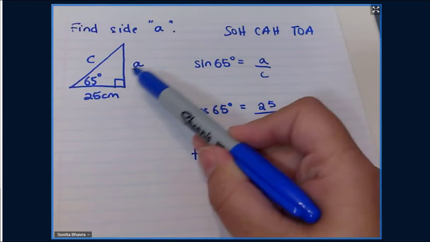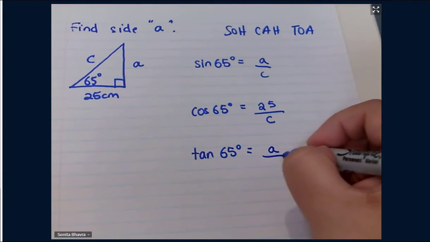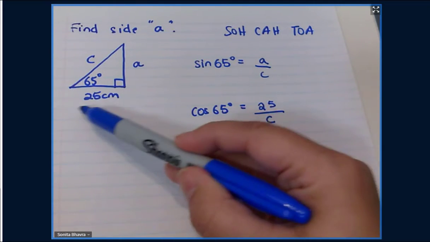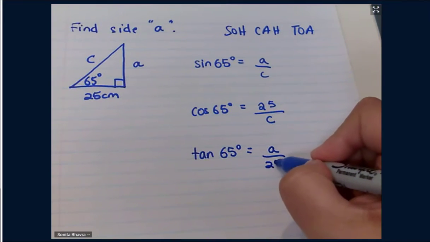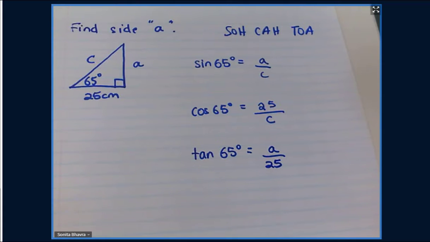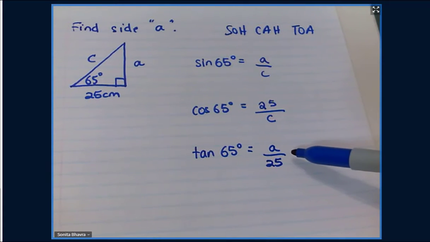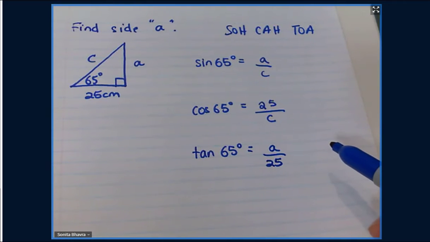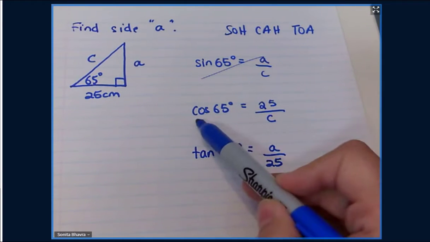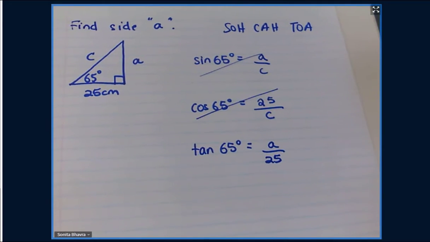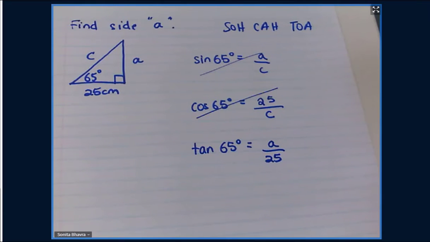So opposite is A, and adjacent is 25. All right, so here we would have to use our tan ratio to figure out A. All right, so again, I'm just going to cross this one out and this one out, and we're going to use the tan ratio to figure out side A.